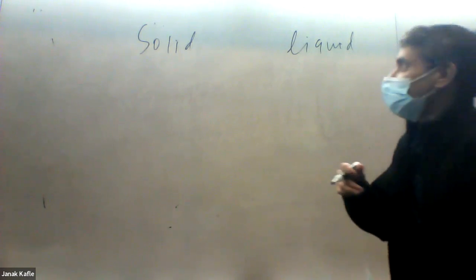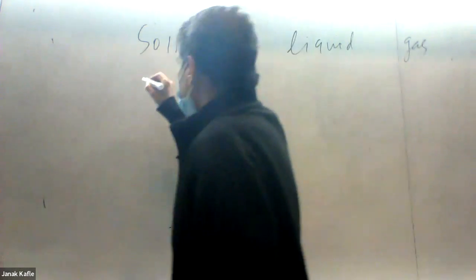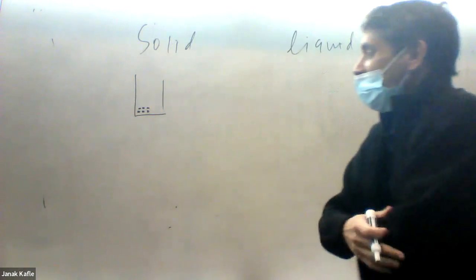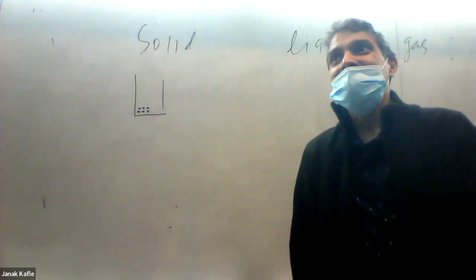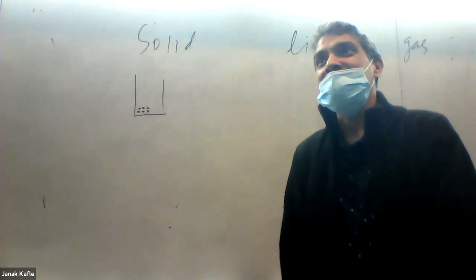So solid. Let's say you have a beaker here, and you have a small amount of ice here. Let's say 1, 2, 3, 4, 5, 6 molecules of water are sitting like that. So this is an ice piece, right? So that's a solid. Make sense?